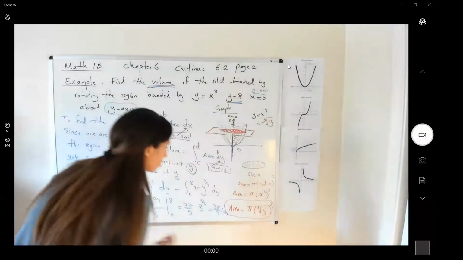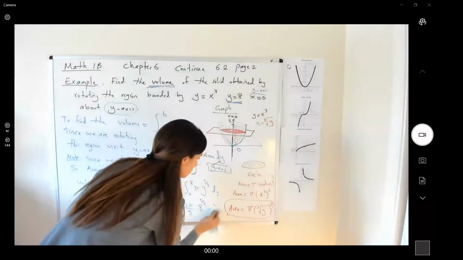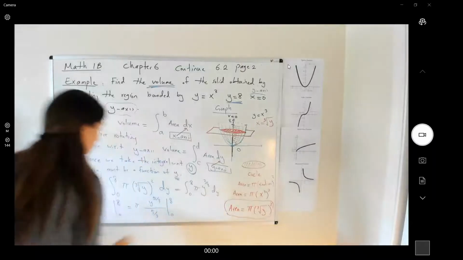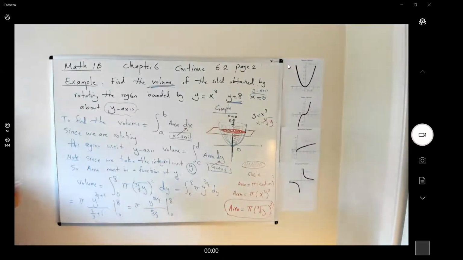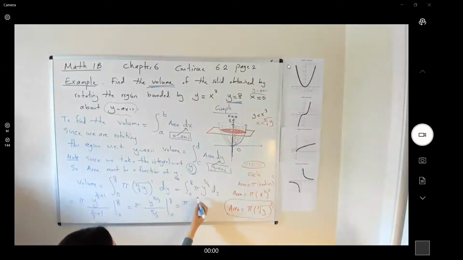Let me see, I need more space. This is equal to pi 8 to 5/3 times 3 pi over 5, which is equal to 96 pi over 5.